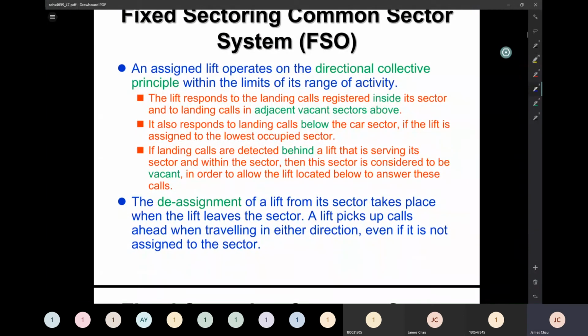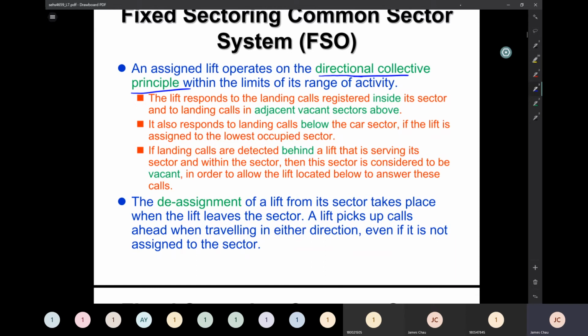Now, for the lift, we assume that it operates in the directional collective principle that we introduced to you last time. This principle means that it serves the calls according to the floor order.